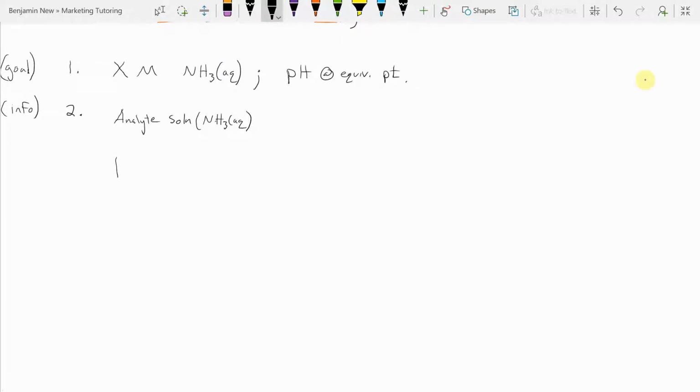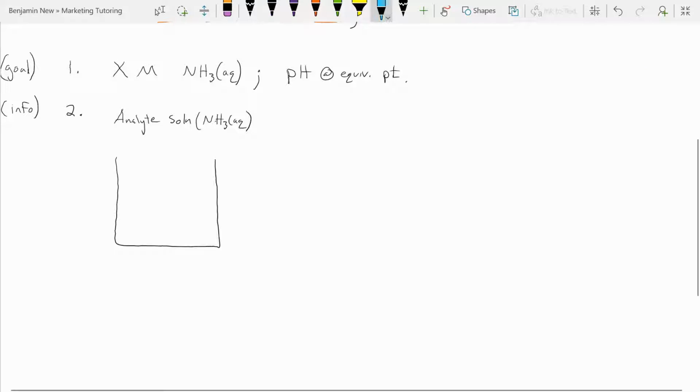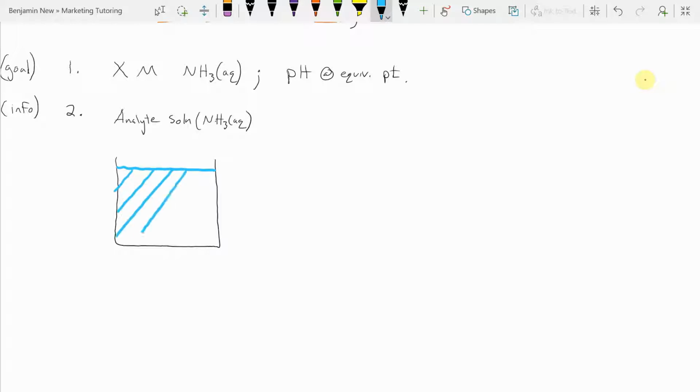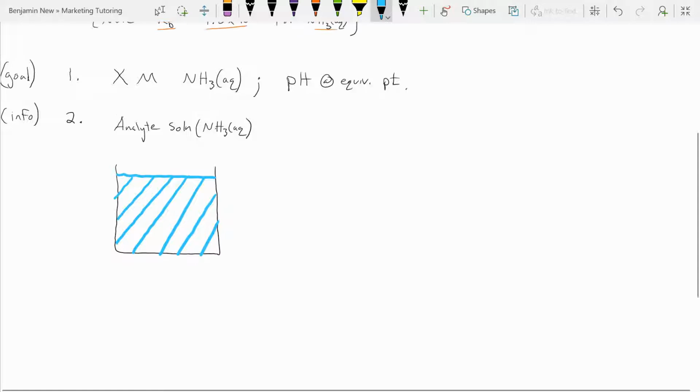And so we can draw a little figure just to help us keep track of all of the information and how it's structured. Okay, so the light blue just represents all the water in the background. You do have water molecules.